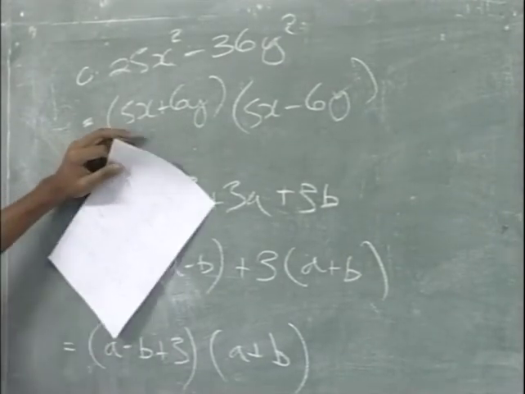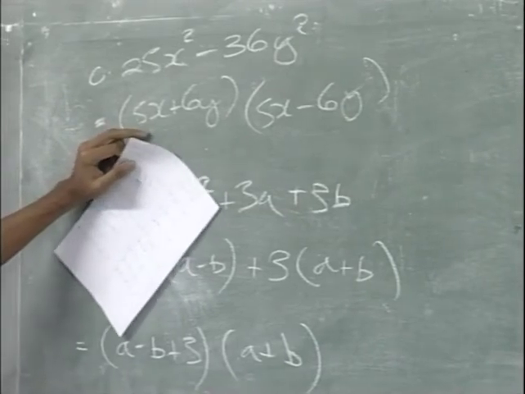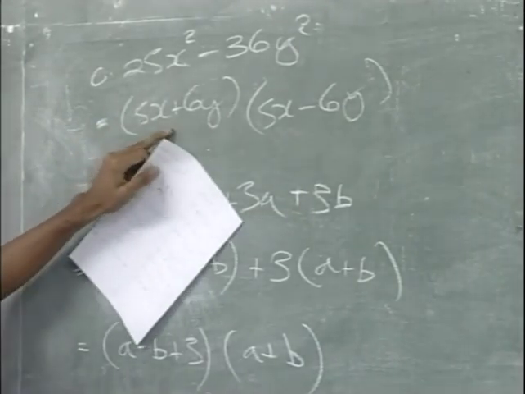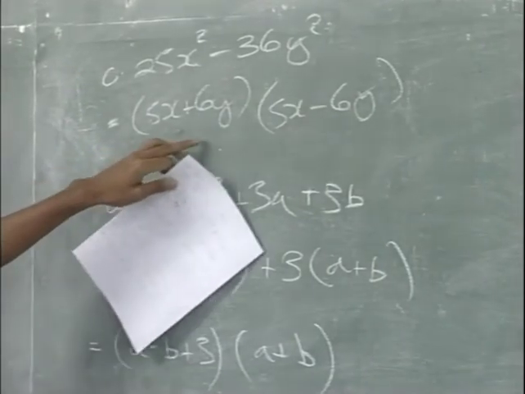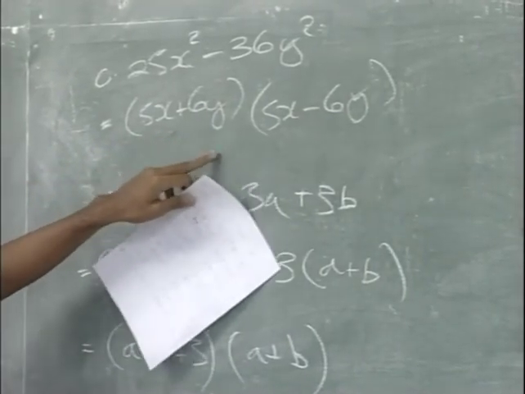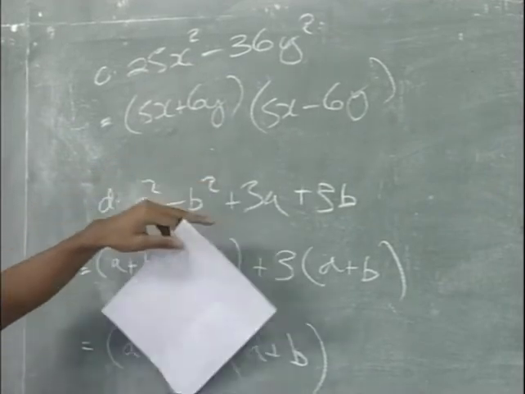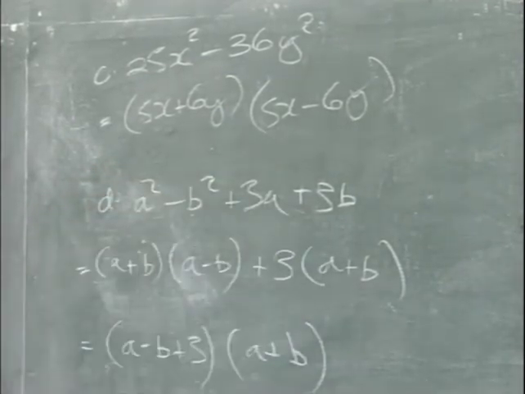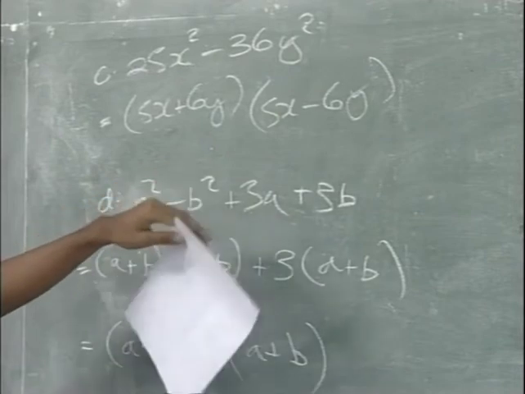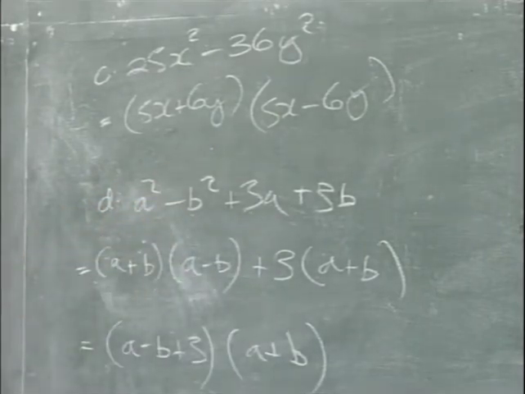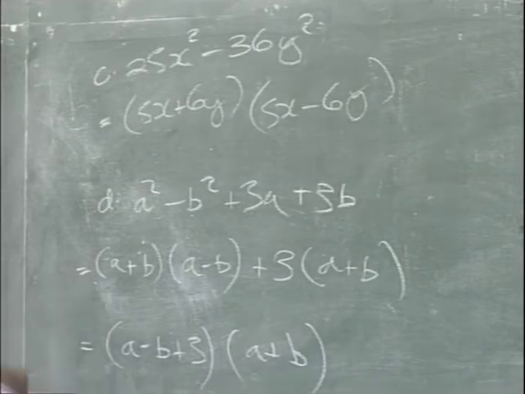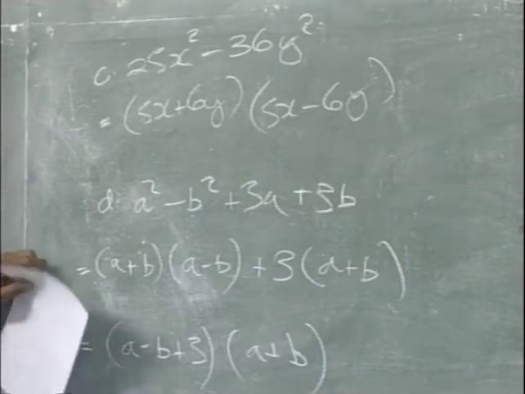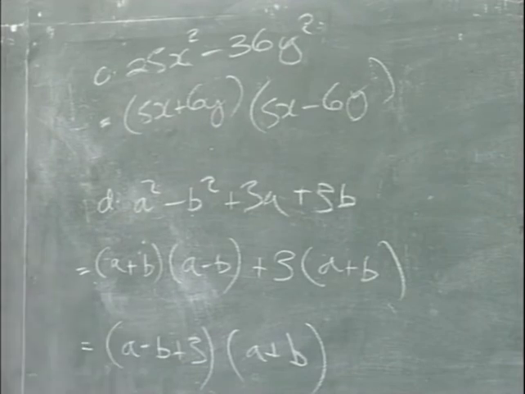So the square root of 25x squared is 5x, plus the square root of 36y squared is 6y. And then you write it as 5x plus 6y multiplied by 5x minus 6y, which cannot be further factorized, so it remains.